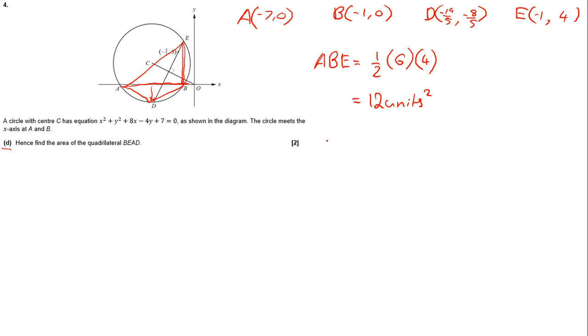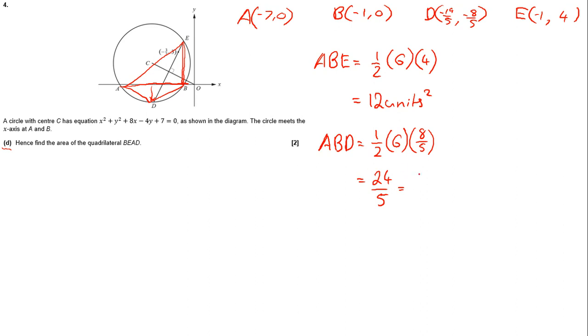We want ABD. So ABD is going to be half times the base, AB again, which is 6. What's the height? Well, the height here is just the length from the axis, so it's 8 over 5. So that's going to be 3 times 8, which is 24 over 5.